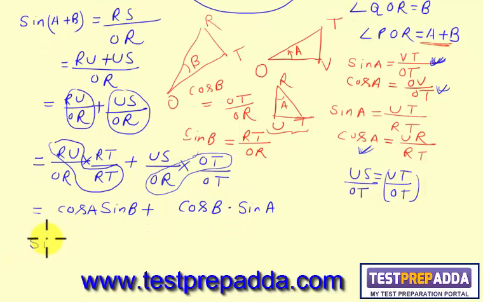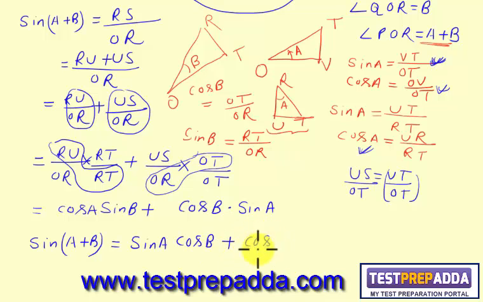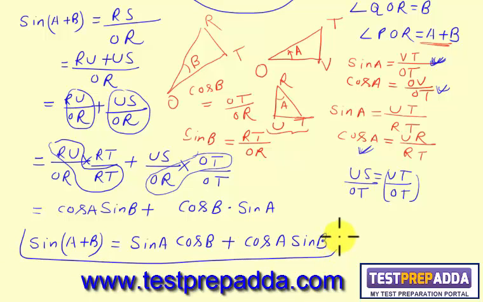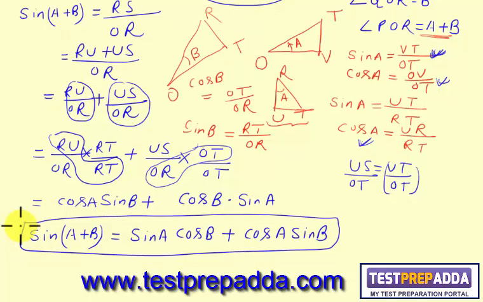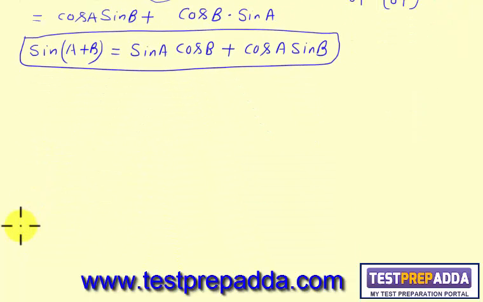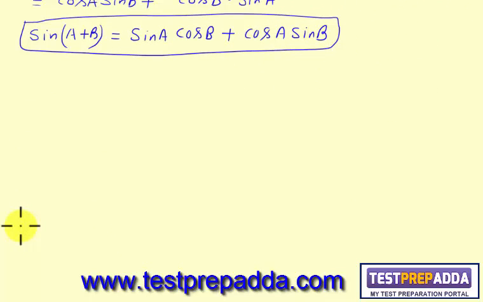We have derived sine A plus B as sine A cos B plus cos A sin B. Very, very special result. So we have got sine of this compound angle. Got it?